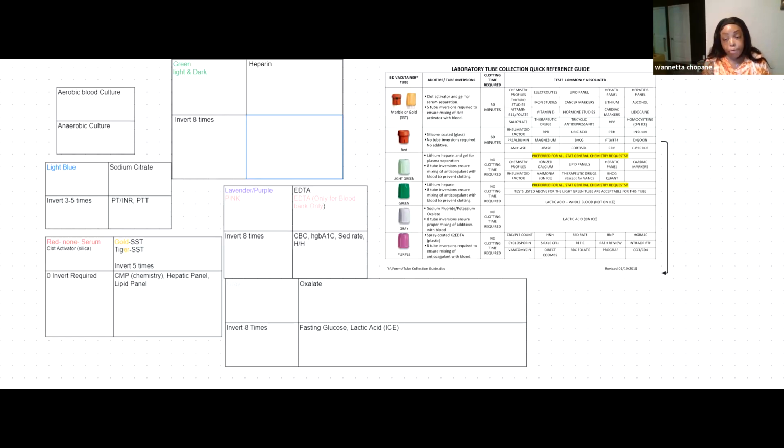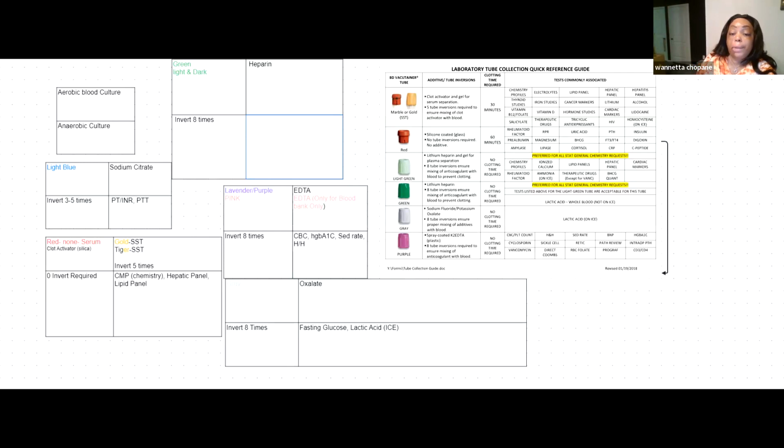Okay. And also, as you can see, therapeutic drug monitoring goes in a green top tube. And how would you know what's a therapeutic drug monitoring? It'll be checked, and it'll tell you that it's therapeutic drug monitoring. But if I can tell you to remember these 2, that will be perfect.